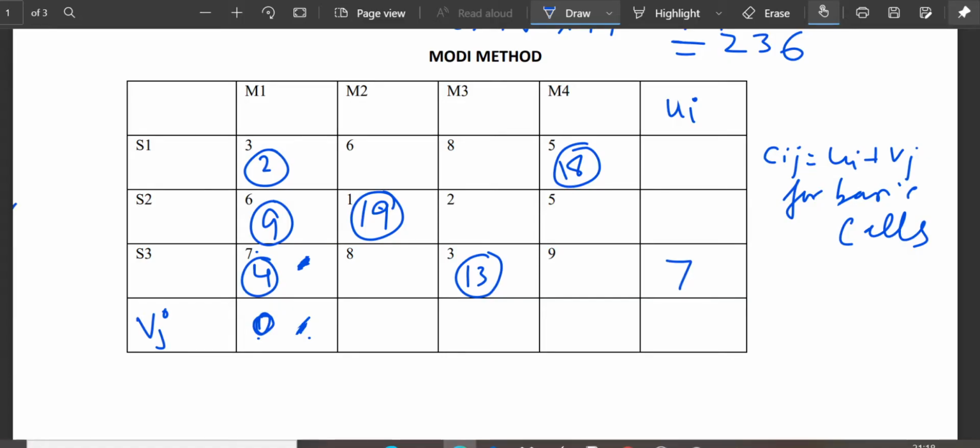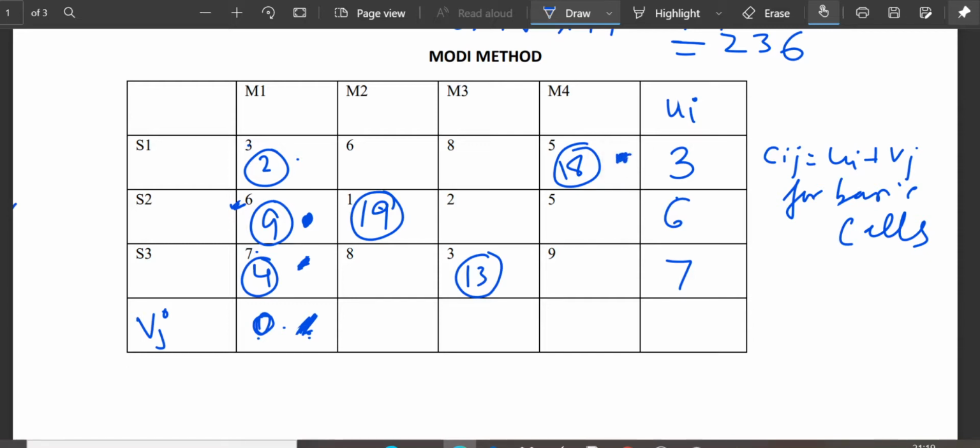Now come to other cells. Here the cost is 6 and the corresponding vj is 0, so 6 minus 0 is 6. Now come to this cell. The cost is 3 and the corresponding vj is 0, so 3 minus 0 is 3. Right? Come to other cells.